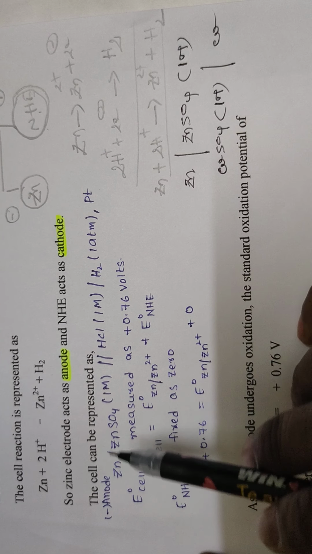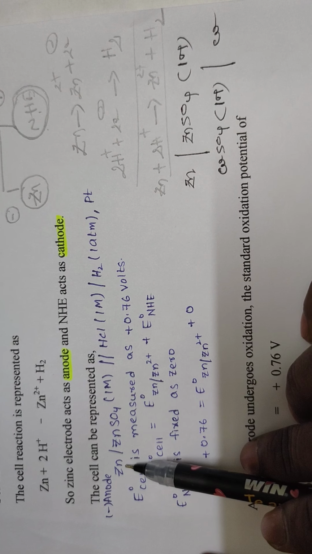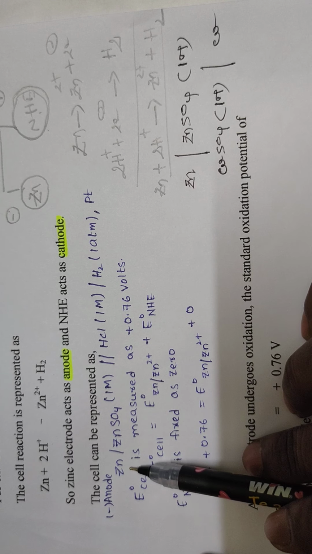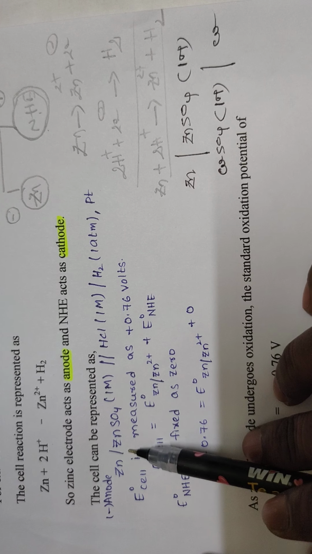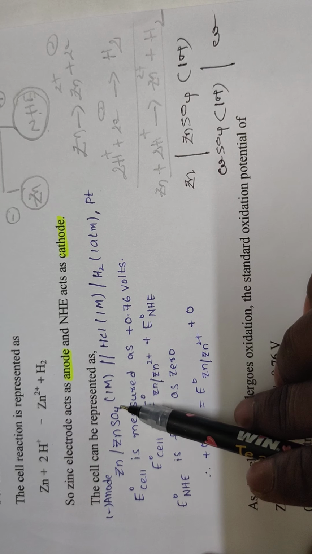First, on the left hand side, Zn. The half cell notation of zinc in ZnSO4 solution: zinc is written first, then ZnSO4 of 1 molar, separated with a slash. So Zn slash ZnSO4.